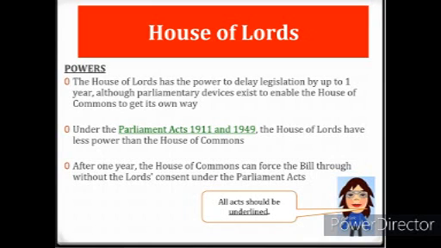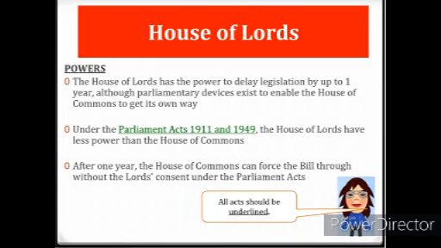In fact, when Tony Blair was Prime Minister, one of his manifesto promises was to abolish hunting, fox hunting. And when this was debated and went into the House of Lords, the hunting bill, the House of Lords kept vetoing it.